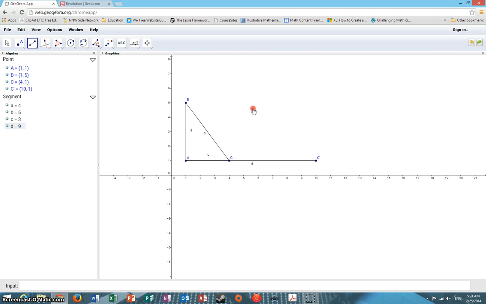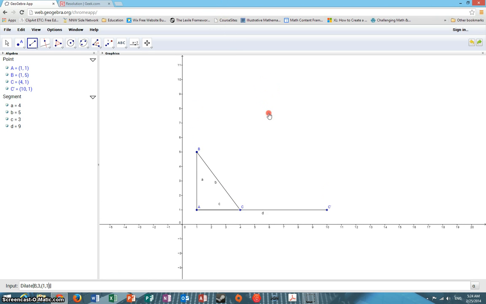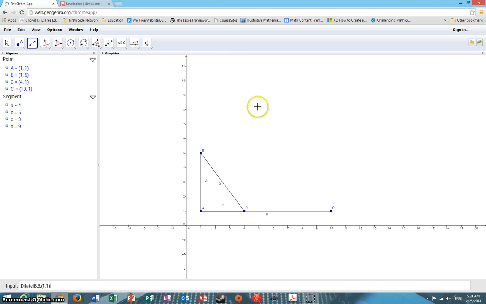I can do the same thing for B. So I want to dilate B by a factor of 3, and I'm going to still do that from my point 1, 1. Because I just want to make a triangle that has sides 3 times the length. So check this out.